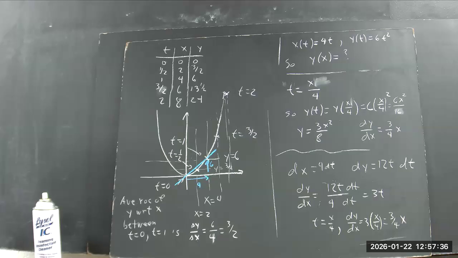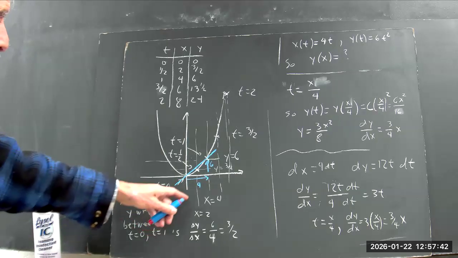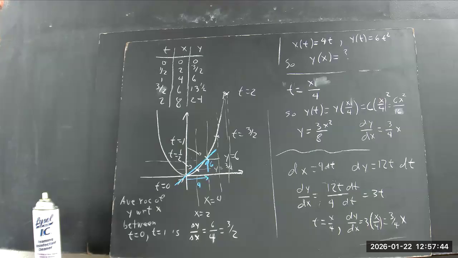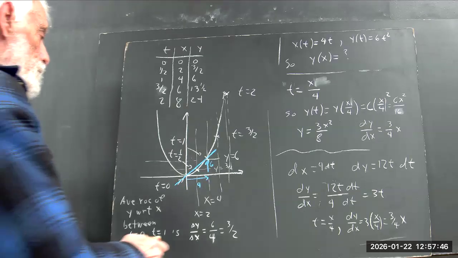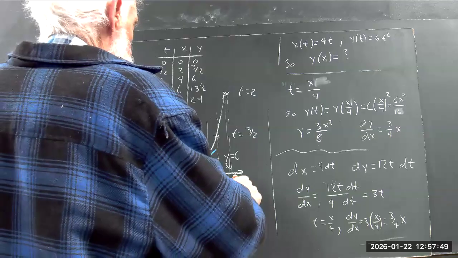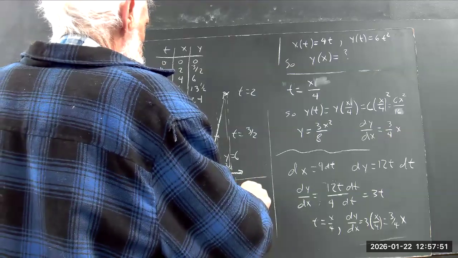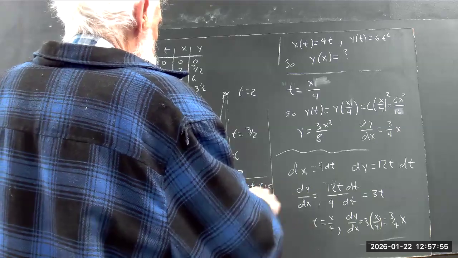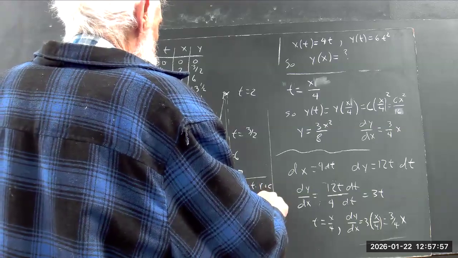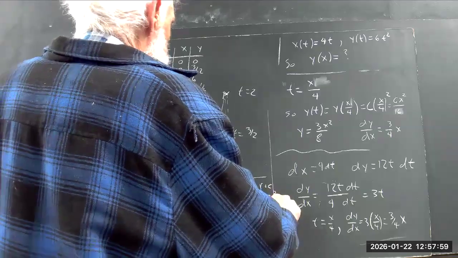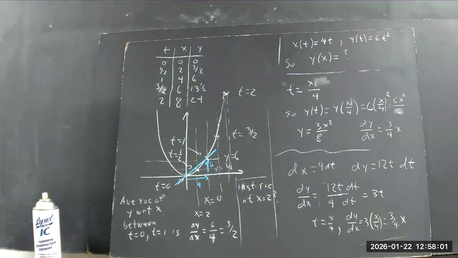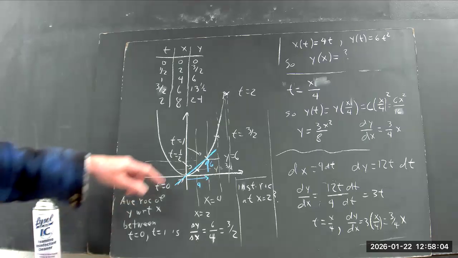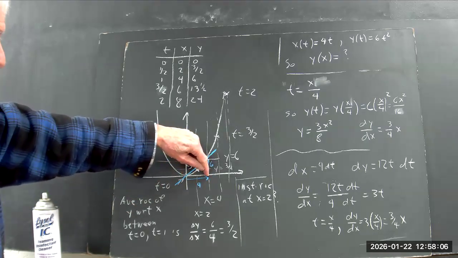Okay. Now, what's the instantaneous rate of change at x equals 2? Yeah, x equals 2. And of course, x equals 2 is halfway between 0 and 4, right?